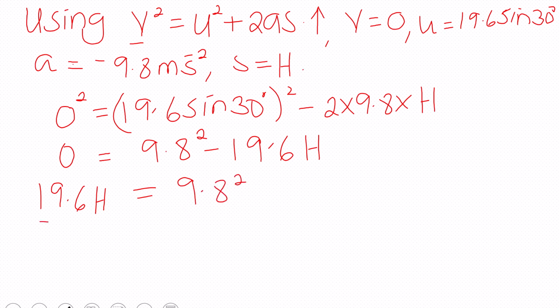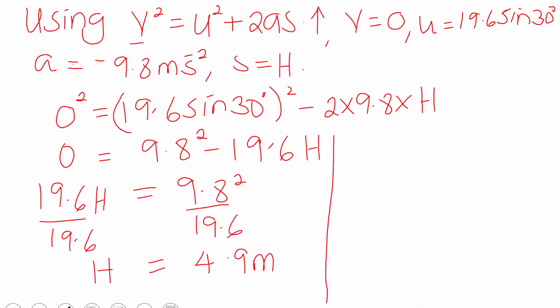And if you divide by 19.6 by 19.6, if you want, you can square 9.8 and get the result. Here we shall get 4.9 meters.